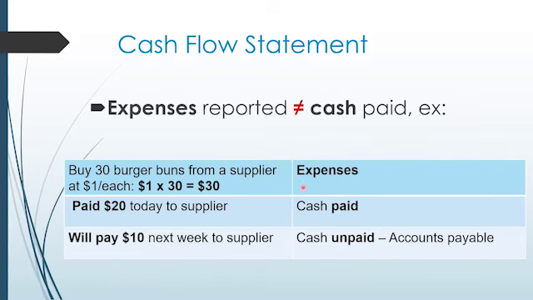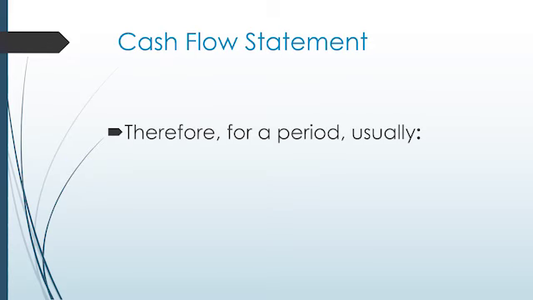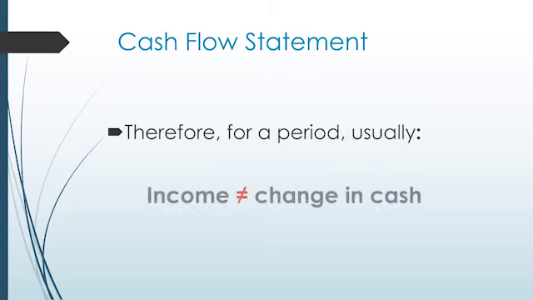And you say, okay, I'll pay you $20 today and I'll pay you $10 next week. So the $20 is the cash paid and the $10 is the cash unpaid, which we call accounts payable. So for a period, usually income does not equal change in cash. And this is why we have an income statement and a cash flow statement.